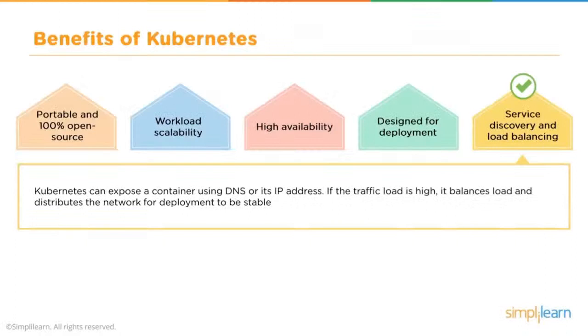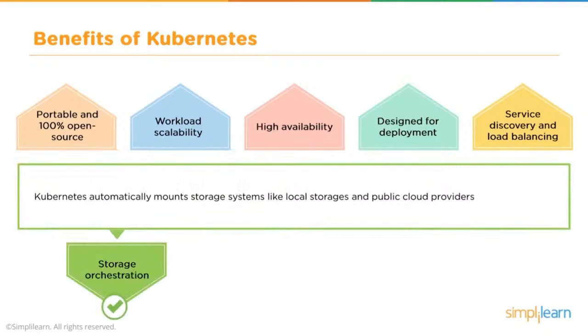Then what you'll find is that the load balancing is extremely efficient, and it allows you to distribute the load efficiently across your entire network so your network remains stable. And then also the tool allows you to manage the orchestration of your storage. So you can have local storage such as an SSD on the hardware that the Kubernetes is maintaining.